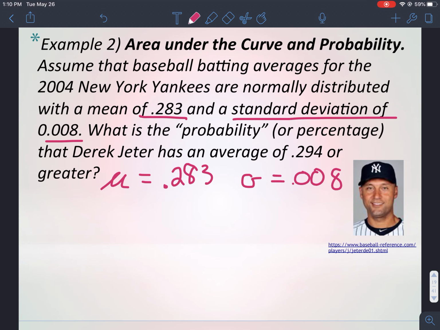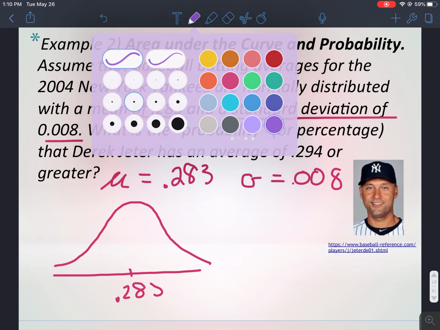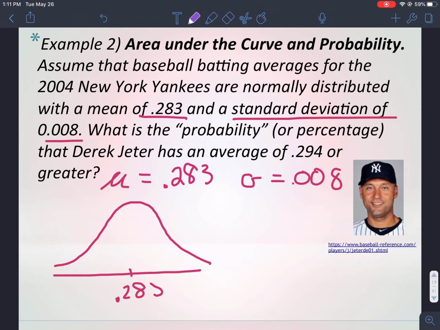And so the first thing we always want to do is draw our normal bell curve. And of course, we are operating under the assumption that batting averages are normally distributed. Let's put the mean in the middle, 0.283. And now let's figure out what probability or shaded region we have to find.